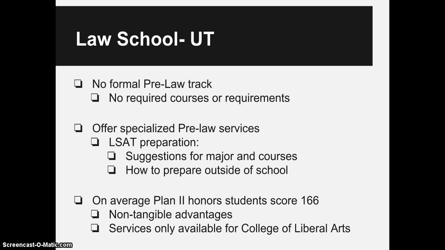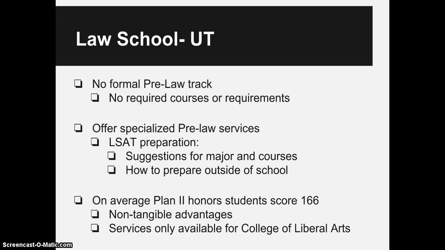And so for UT, which is the most probable school I'm going to end up going to, they have no formal pre-law track, and there are no required courses or requirements for someone to take the LSAT. They do have a specialized pre-law service program, which does involve LSAT preparation materials, with suggestions on what courses and majors to take, as well as how to prepare outside of school. So UT definitely does provide services if you're interested in taking the LSAT.